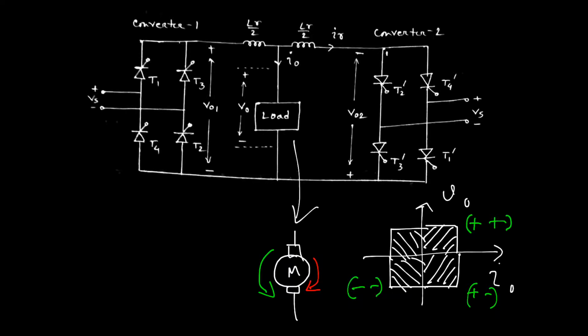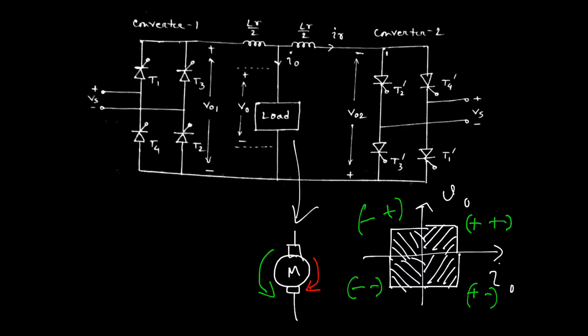That is called motoring action. But in case of the second quadrant operation, similar to the fourth quadrant operation, in the reverse direction, the motor starts delivering energy from load to supply. That is why this is called reverse regenerative braking, in which the current is negative and the voltage is positive.